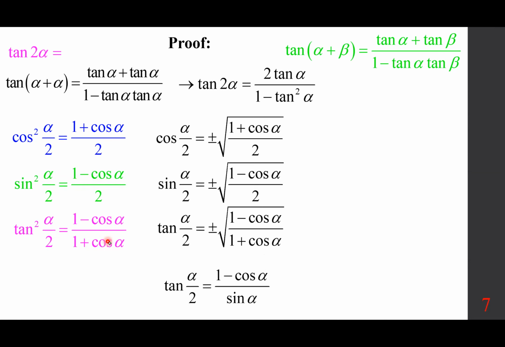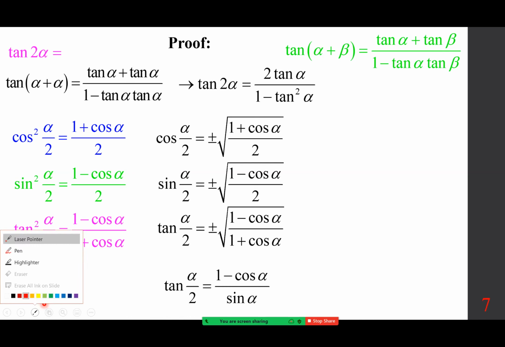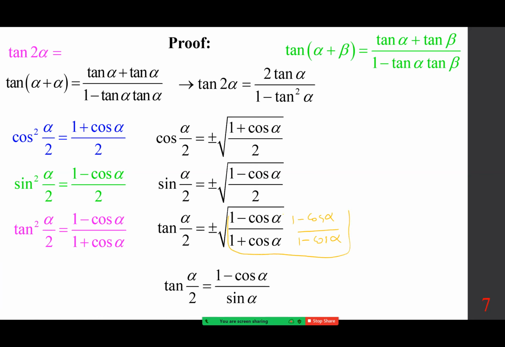In the case of a tangent, if you look at this formula, you can multiply inside by 1 minus cosine alpha over 1 minus cosine alpha. Look at this. I'll give you a chance to look at this at home on your own, see what happens.